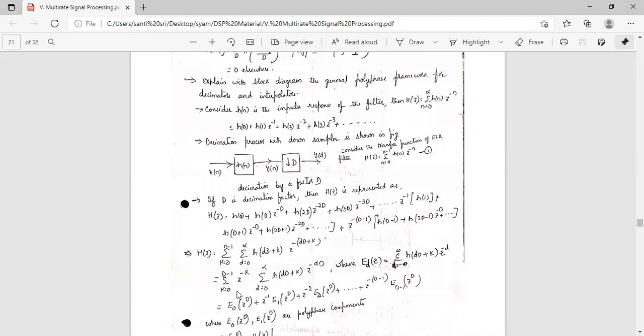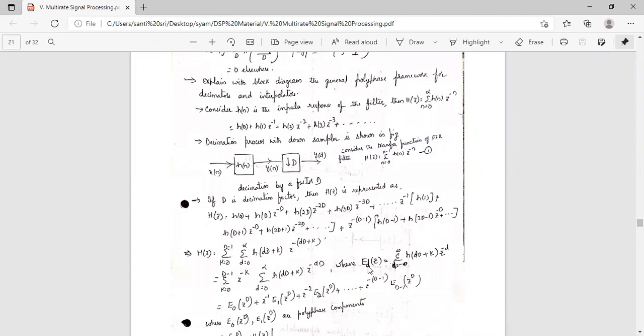So sigma k equal to 0 to D minus 1 z power minus k into sigma d equal to 0 to infinity h of dD plus k into z power minus dD.